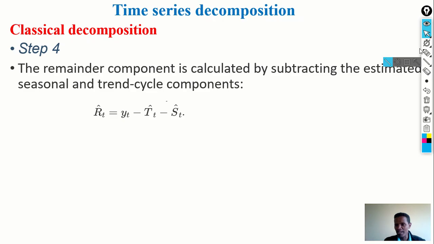So the remainder component R T is equal to the outcome variable Y at time t minus the trend cycle component minus the seasonal component. This is how we can calculate the remainder component, the seasonal component, and the trend cycle component.